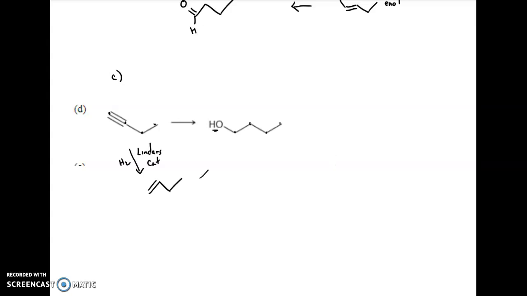And this time we want an anti-Markovnikov addition. And so we will use the borane, followed by hydrogen peroxide and sodium hydroxide to get the anti-Markovnikov, to get it to come to this position.